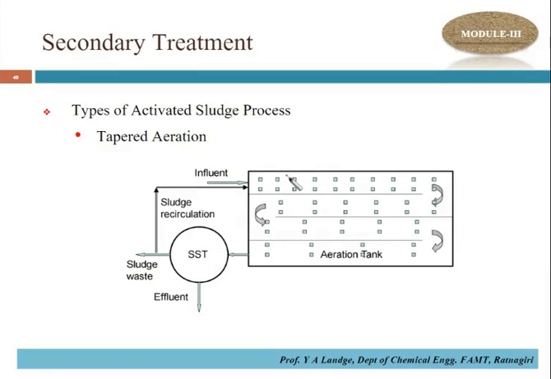And we know that in the activated sludge process the biomass is continuously generated, not only because the organic matter is converted into a simple form, but also because of new cell generation and old cells dying, and because of that the mass of the biomass continuously increases.